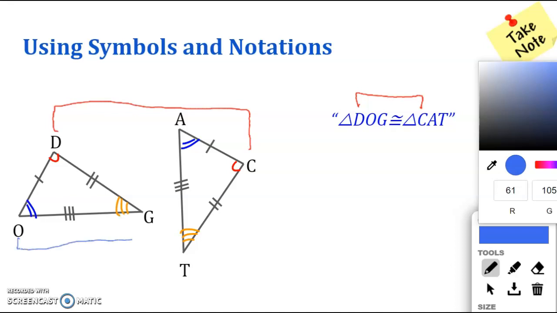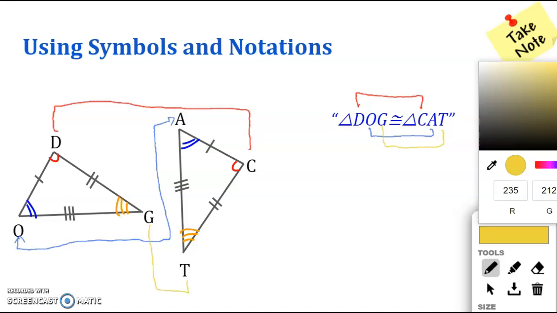That means O and A have to be in the same position. O on the left triangle is in the middle, and A on the right triangle is also in the middle. They need to match up. And then G is the last letter here, and T is also the last letter because they're the ones with the 3 arcs. Okay, so it's easiest to match up the vertices without getting confused.